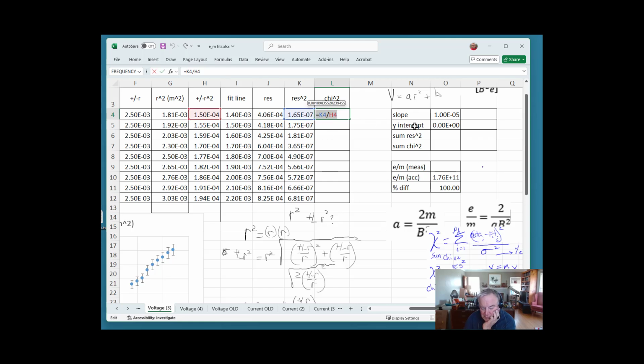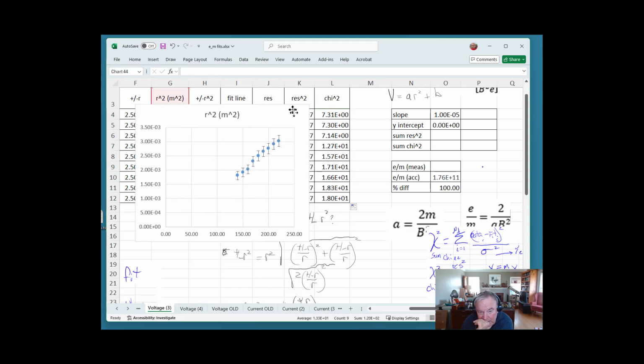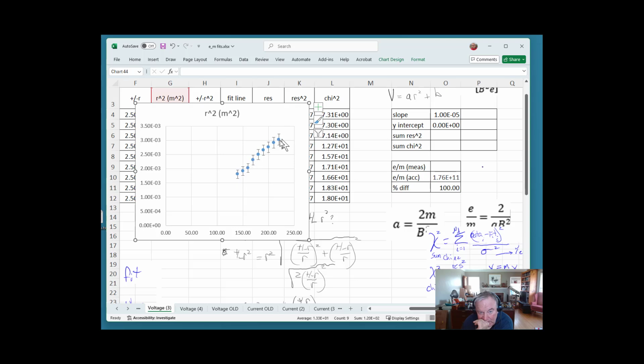let's do it one more time, equals the res squared divided by, and I may have even made a mistake, so I'm glad I'm doing this over again, the plus minus, and we have to square it. I forgot that part. Okay. And so we fill it. And yeah, so these all have pretty much the same error bar. But as always, think about a point way out of here.